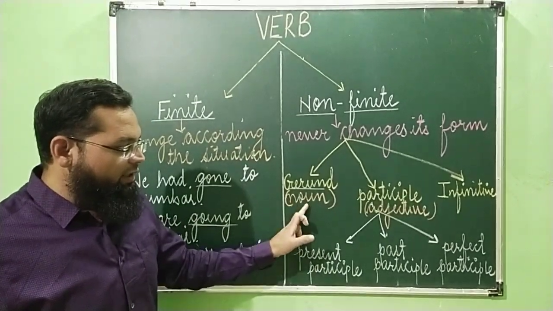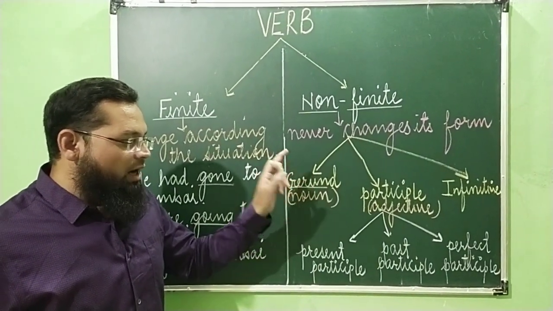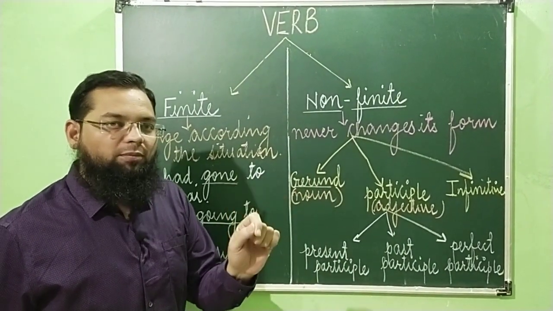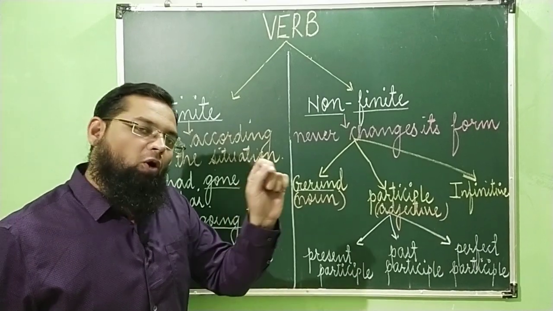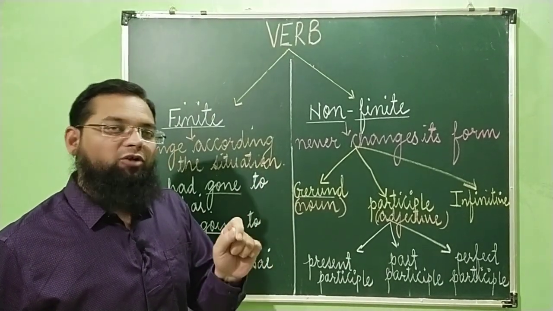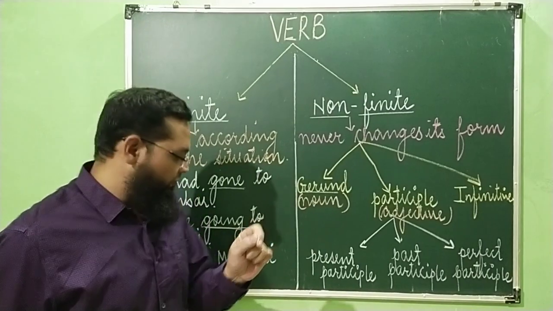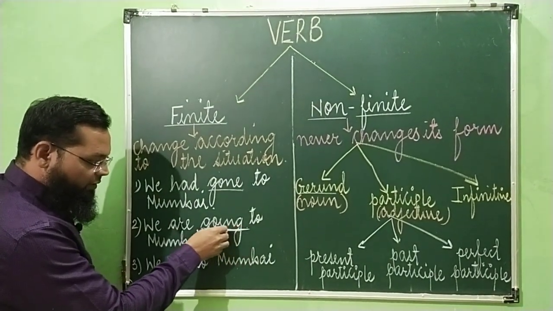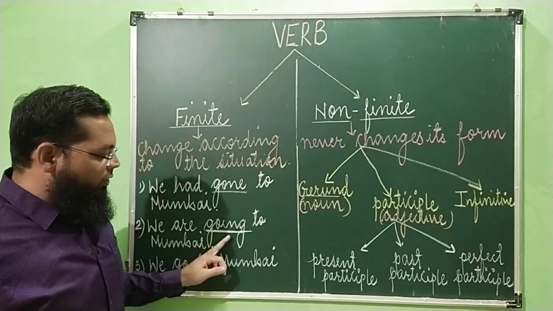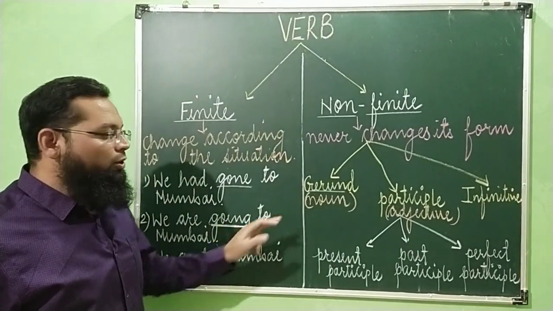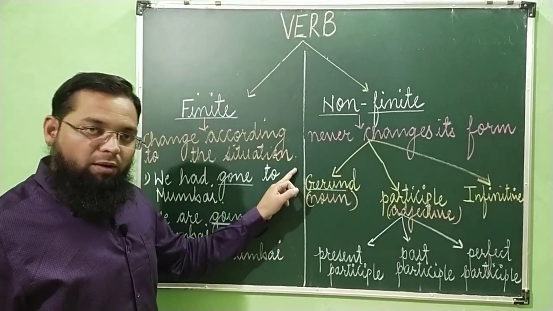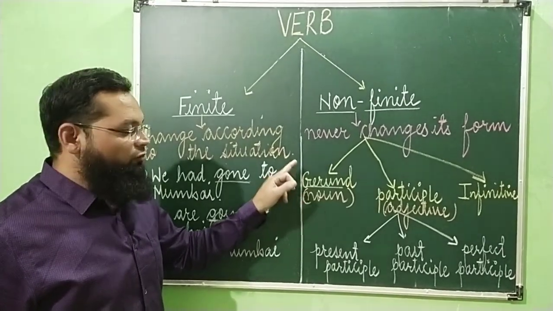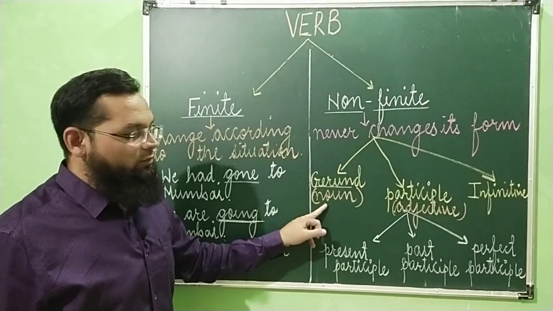So what is gerund? Gerund is the ing form of a verb, but it will not be used as a verb, it will be used as a noun. For example, going. Okay, so going or similar verbs will be used in ing form, but it will not be a verb, it will be a noun.